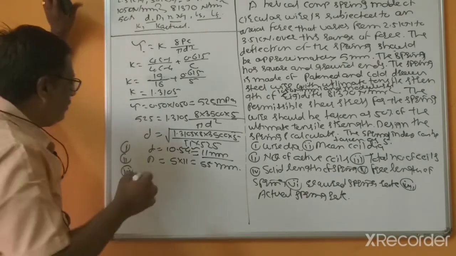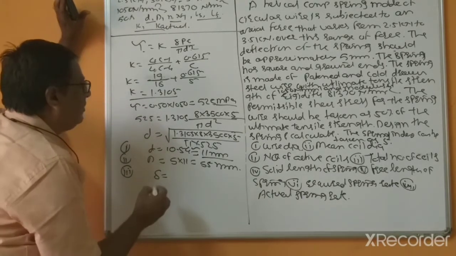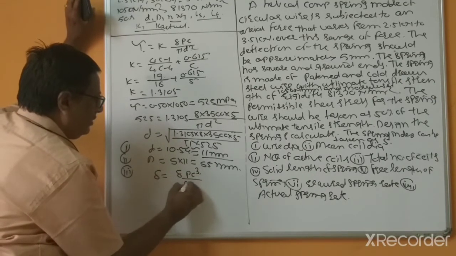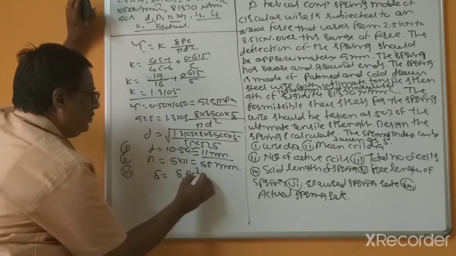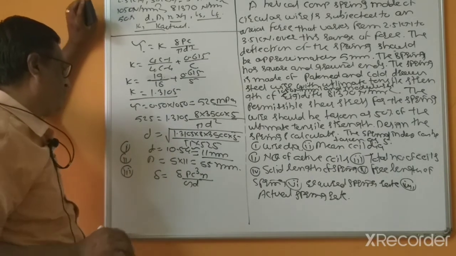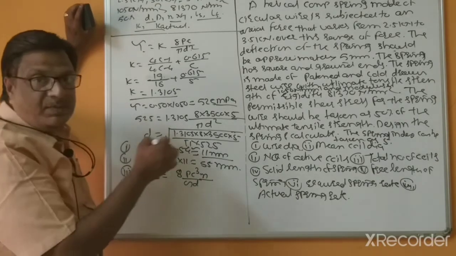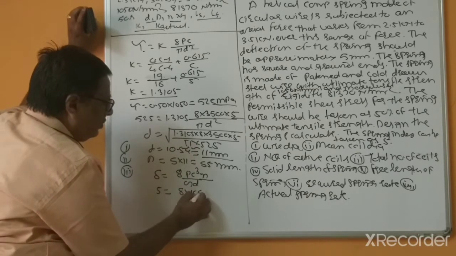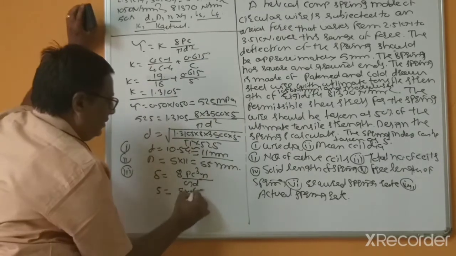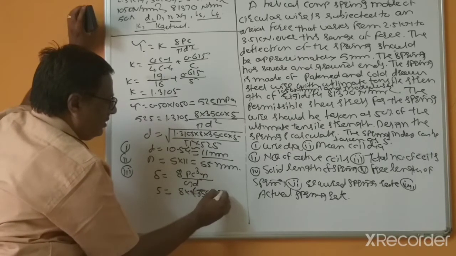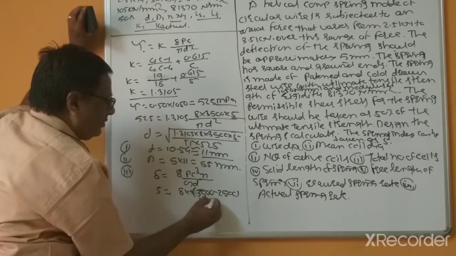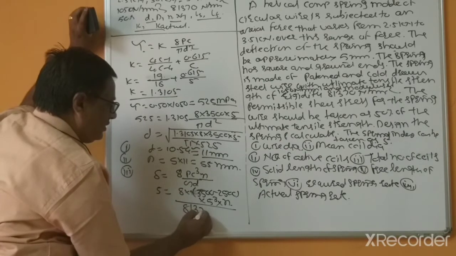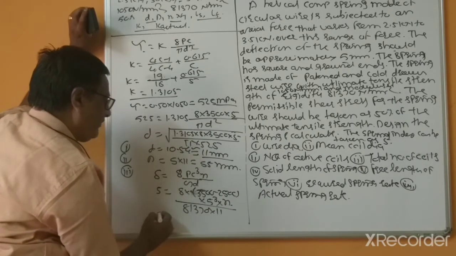Third bit, now the deflections equation: deflection equal to 8PC cube N divided by G d. According to the deflections, what is the load? So deflection equal to 5, 8, P equal to 1000, C cube into N divided by 81370, d equal to 11.